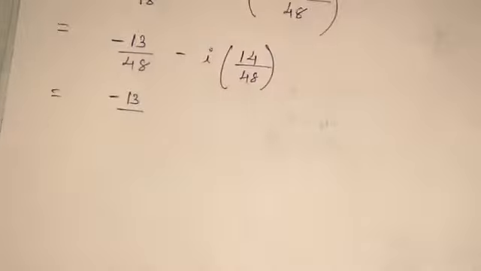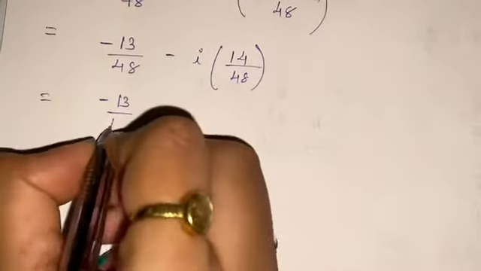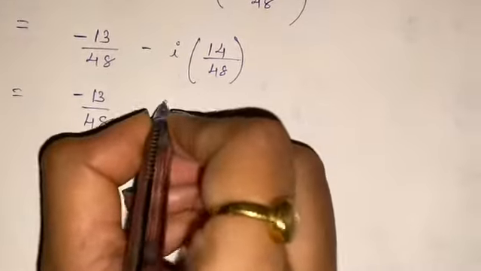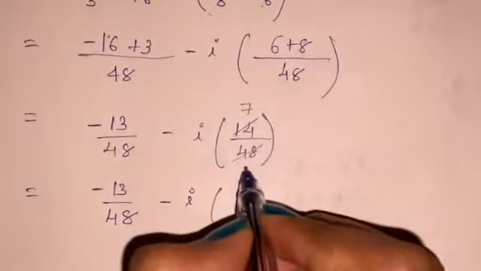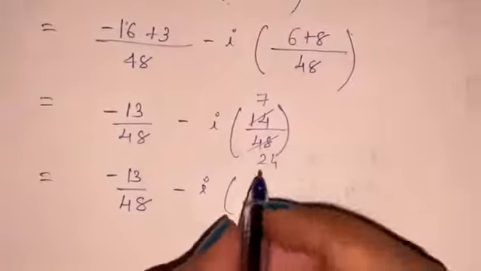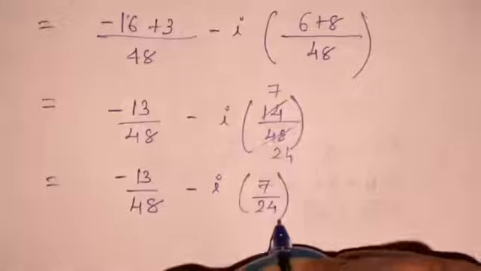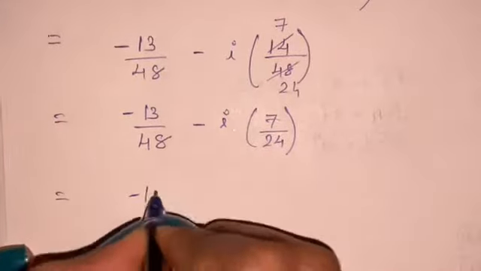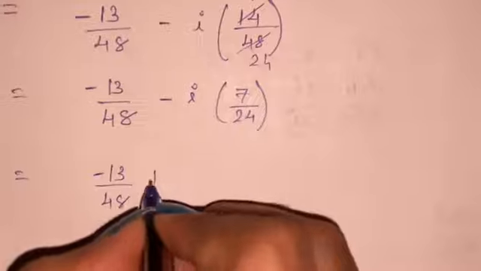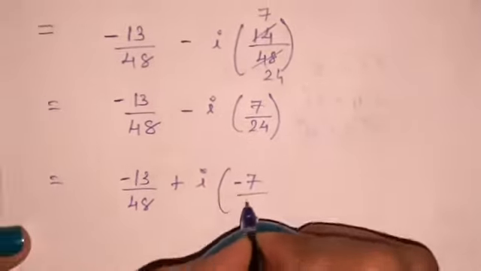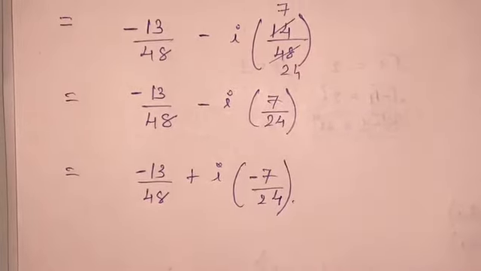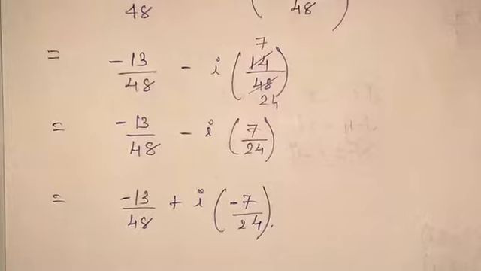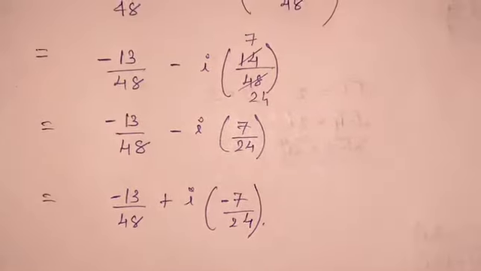So you will get minus 13 by 48 minus i into 14 by 48. Now 7 2s are 14 and 24 2s are 48, so 7 by 24. So you will get minus 13 by 48 plus i into minus 7 by 24. This is the final answer. Now next question.